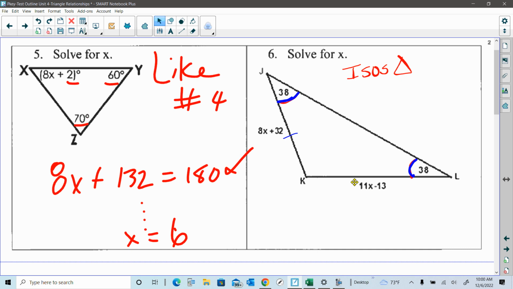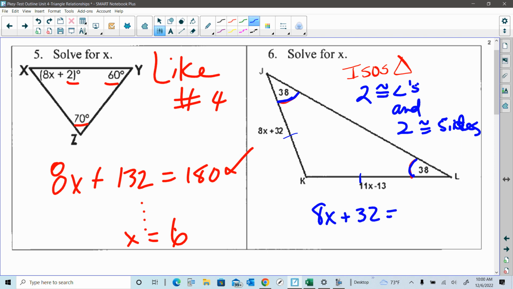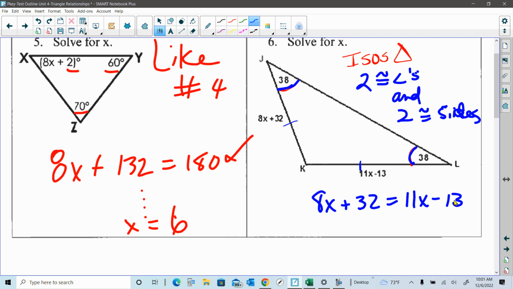You have 2 congruent sides. So your isosceles triangle has 2 congruent angles and 2 congruent sides. So I'm going to use the sides. Your setup should be 8x plus 32 equals 11x minus 13. Solve for x.